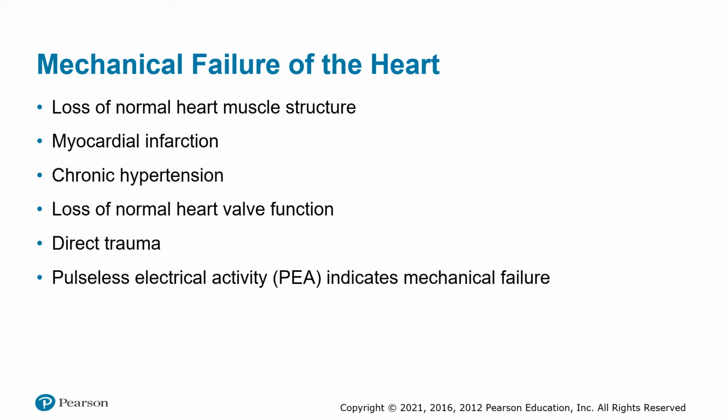But when you lose that, your heart just doesn't work as well. And then you can have some direct trauma, such as pericarditis or cardiac tamponade. And then PEA, or pulseless electrical activity.